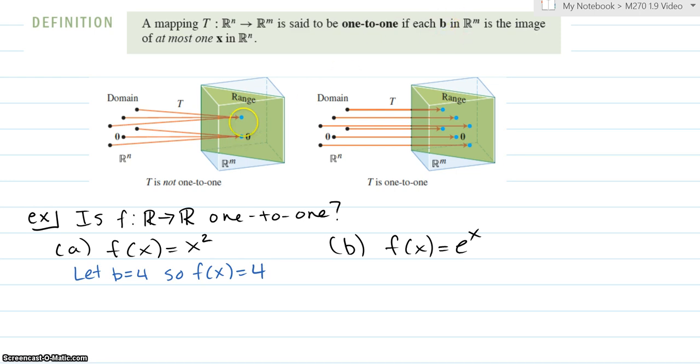So b is going to be in my range. That means x squared equals 4, or x equals plus or minus 2. There's more than one, so it's not one-to-one.